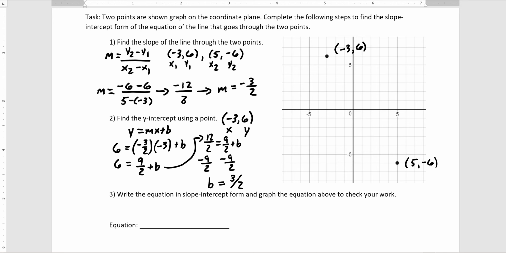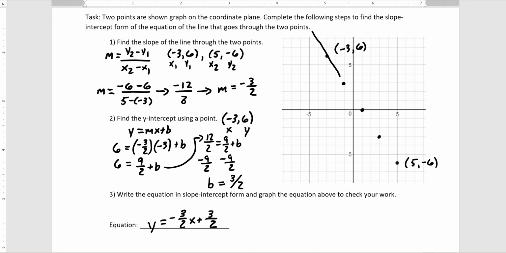With all that being said, I can combine it, so my equation is y = -3/2 x + 3/2. And let's check. On my slope, if I go down 3, right 2, down 3, right 2, down 3, right 2, sure enough, that lines up.